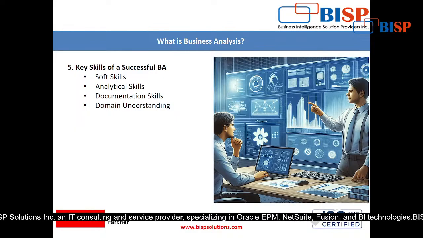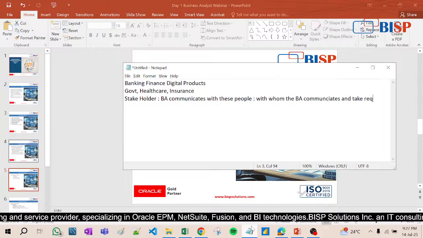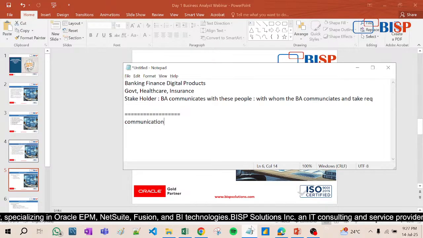Then active listening, this is under soft skills, right? For example, communication, then active listening. Third is negotiation.